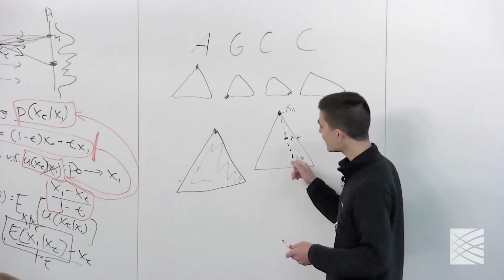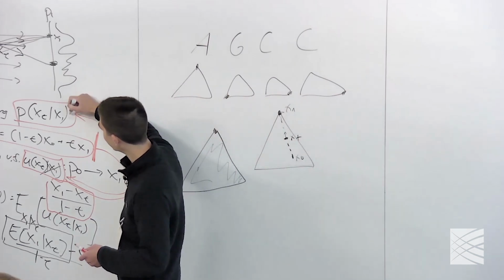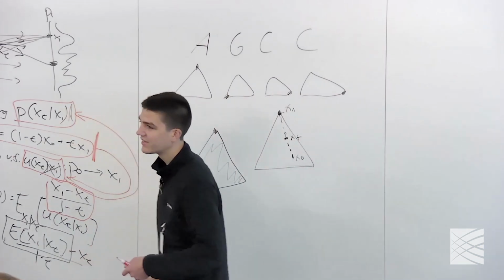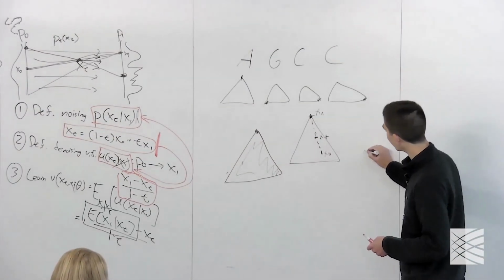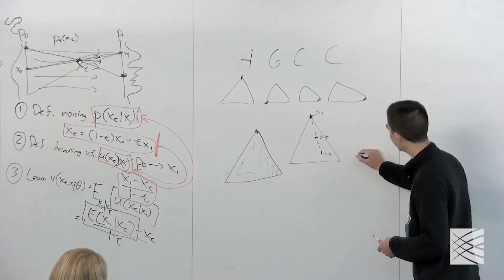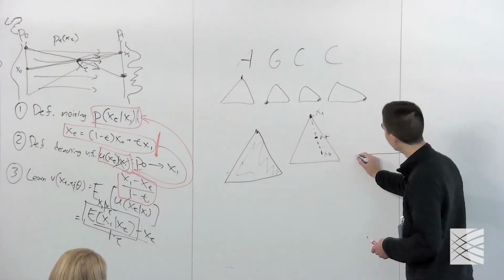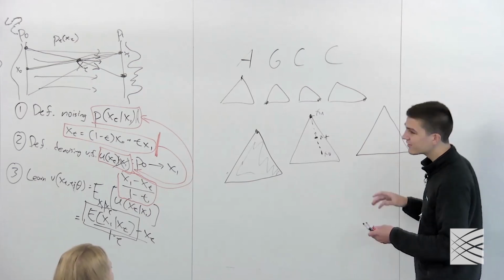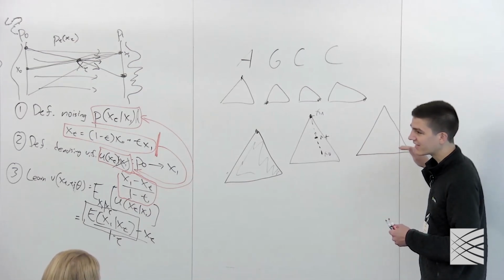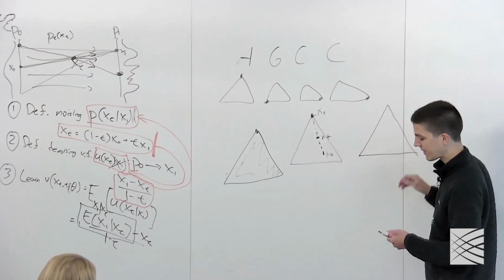But let us look at what is the conditional probability path that arises if we do this procedure. Okay, for that we will probably draw a few more triangles. And so let's look at the conditional probability path at time 0.5.